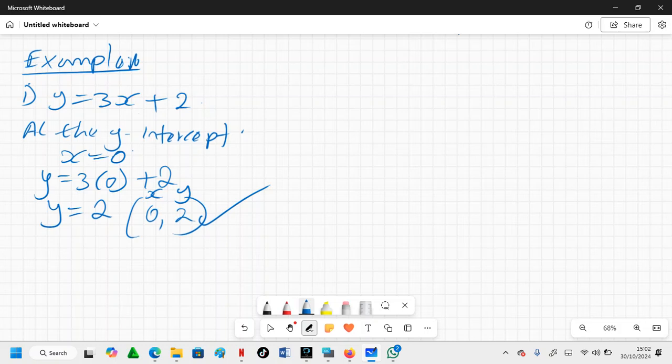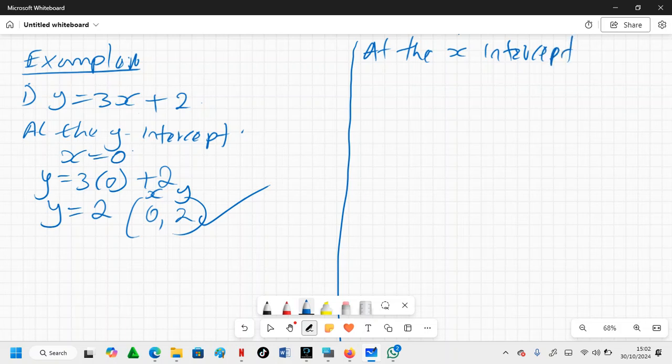So that is your y-intercept. That is exactly where this line is touching the y-axis. How about the x-intercept? At the x-intercept, y is 0, right? So our equation is y is equal to 3x plus 2. At the x-intercept, y is 0, so you just substitute y with 0: 0 is 3x plus 2.